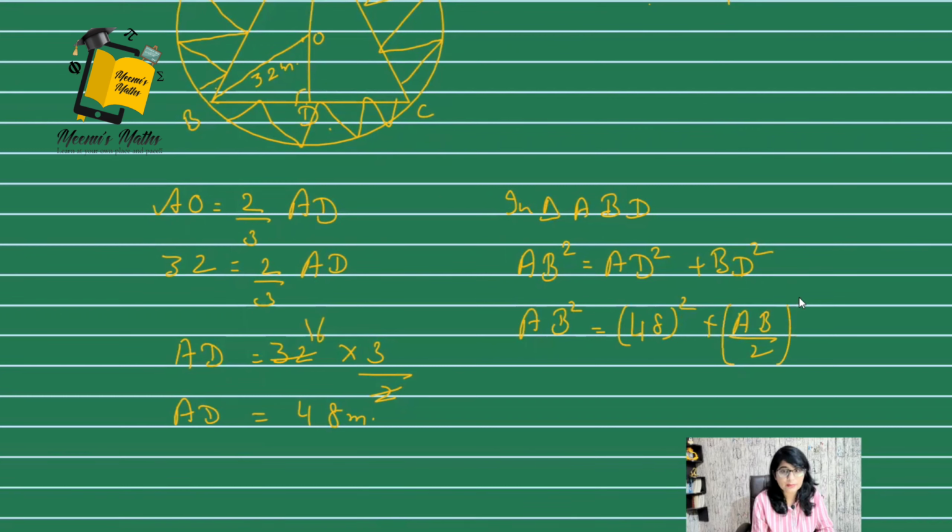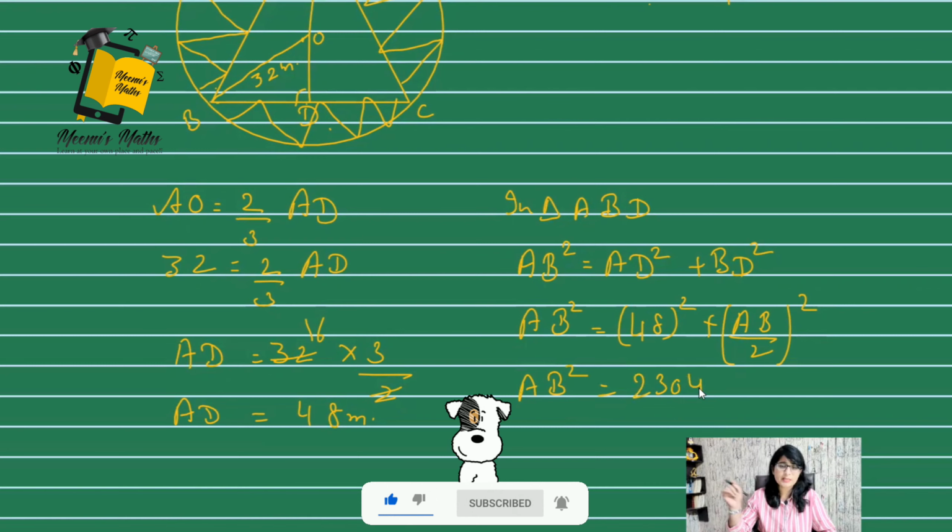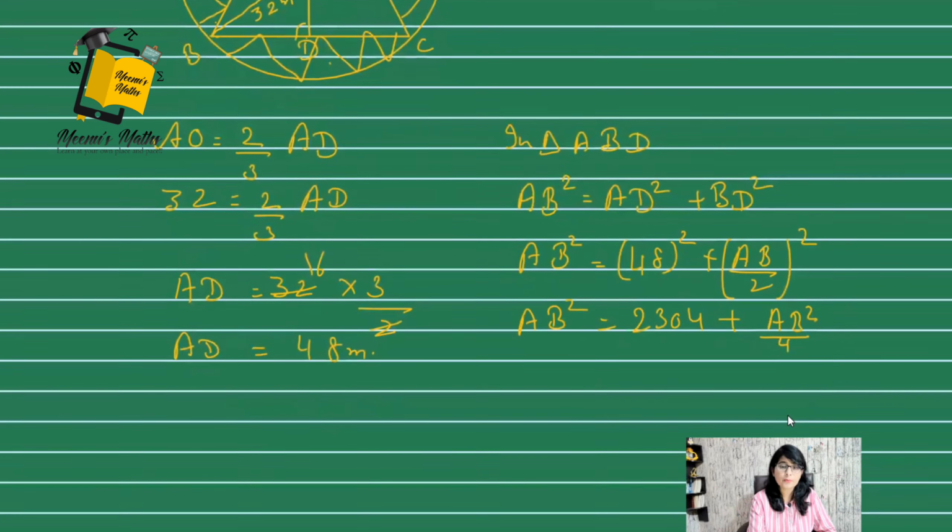Let's square it. So what will we get? AB square is equal to 48 square. What is 48 square? I hope you know this, 2304. If you don't know, quickly multiply and solve it. Plus AB square by 4. This 2 square is 4.